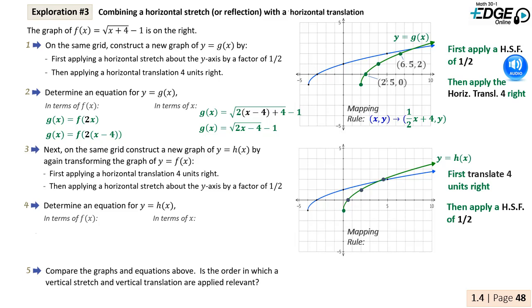Already we see that the two graphs are not the same. Our mapping rule shows us that we would first add 4 to each x coordinate before multiplying by 1/2. Effectively, this simplifies to 1/2 x plus 2. The reversal of the order of these transformations means that effectively the translation of 4 units to the right has been stretched by 1/2.